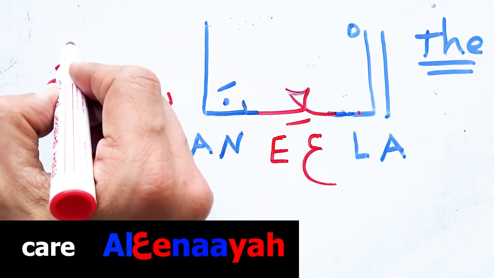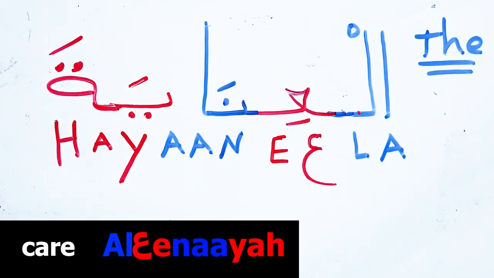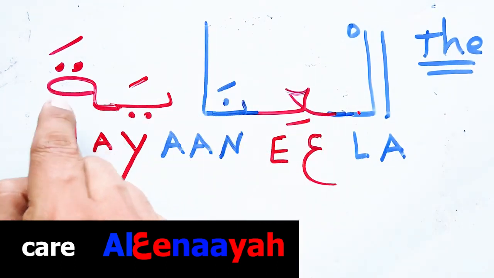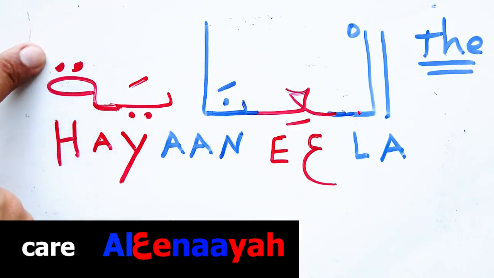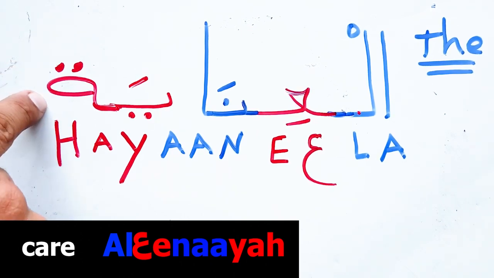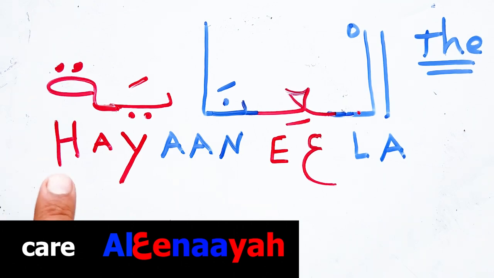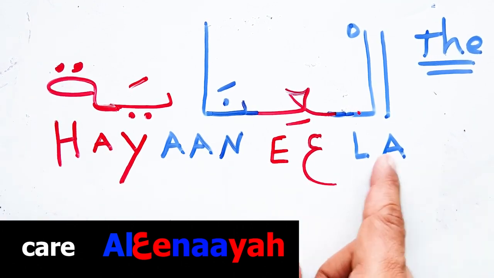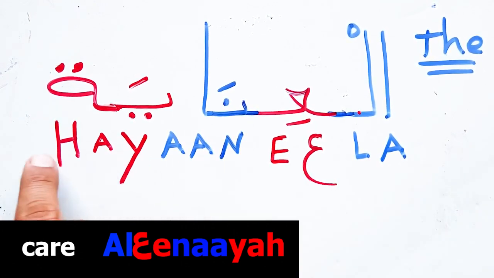If I add fatha, it will be al-'inayata. But as I'm gonna pause here, stop here, I'm not gonna continue reading other words. So I pronounce it like H. العناية.